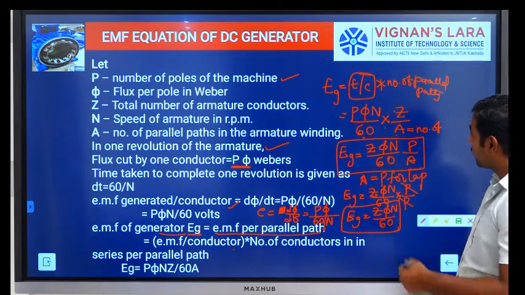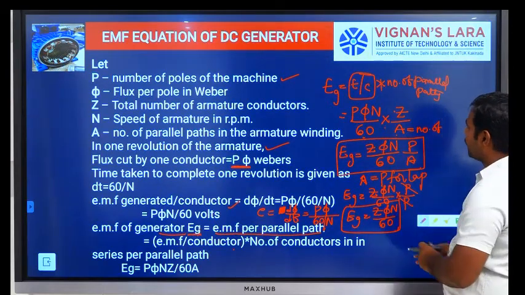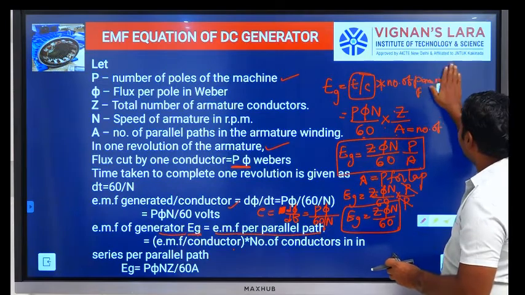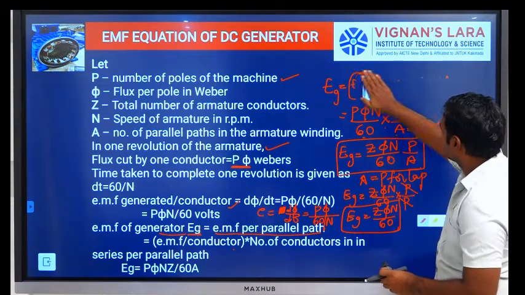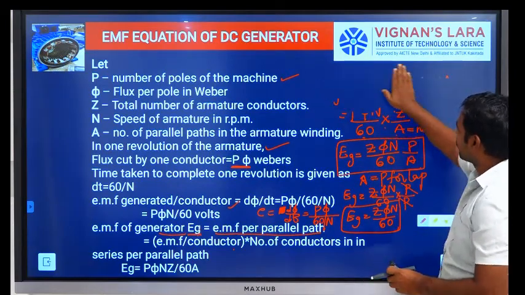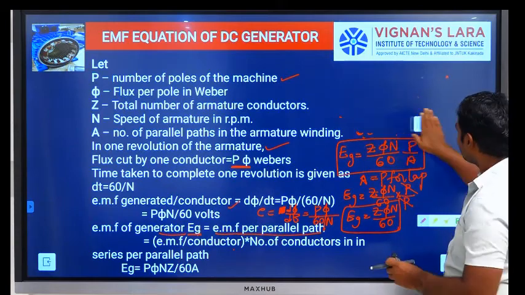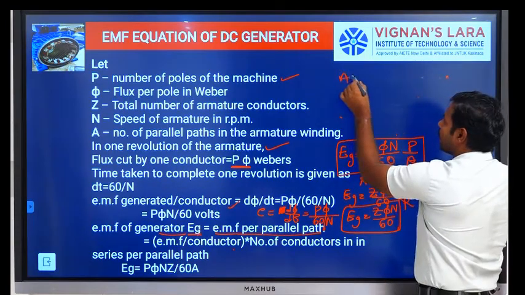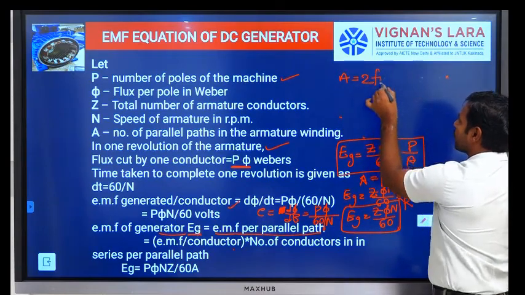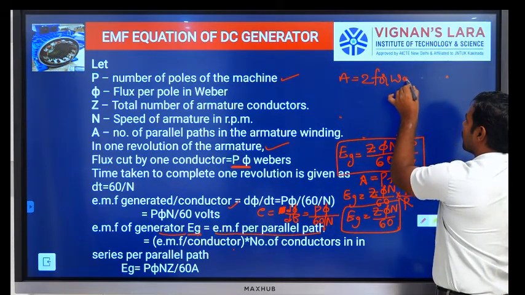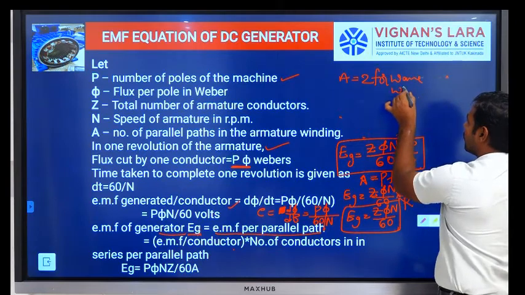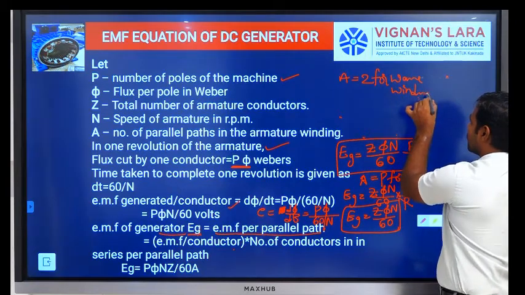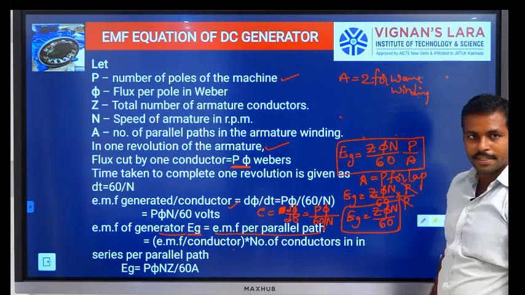In case of wave winding, A is always equal to 2.